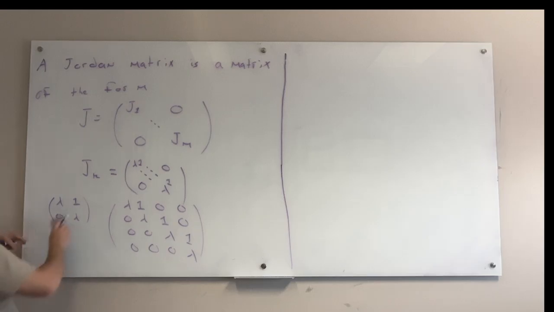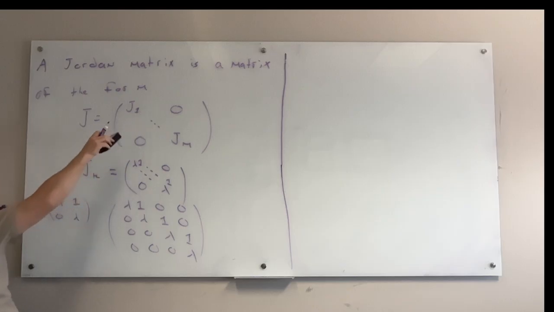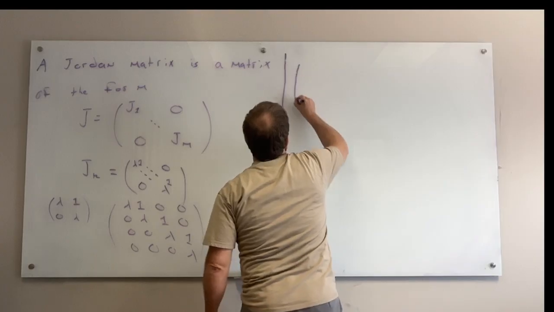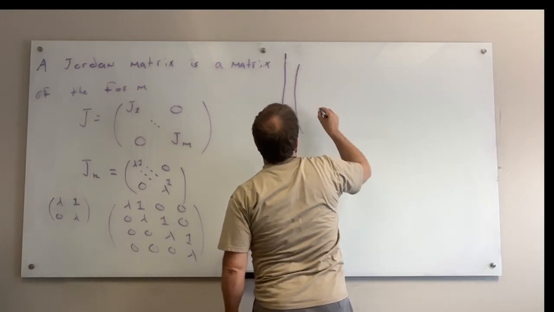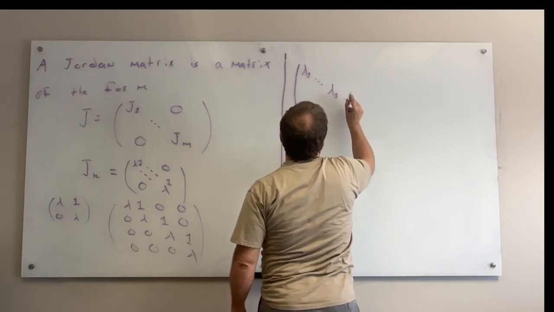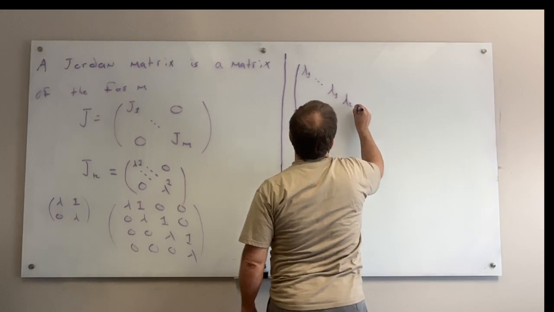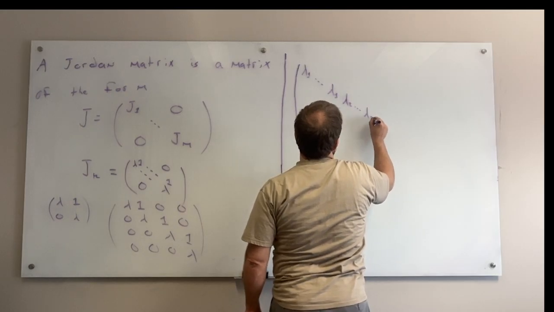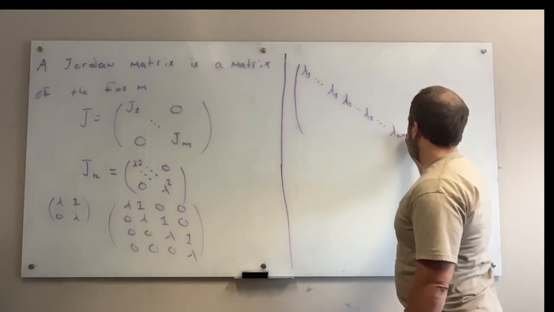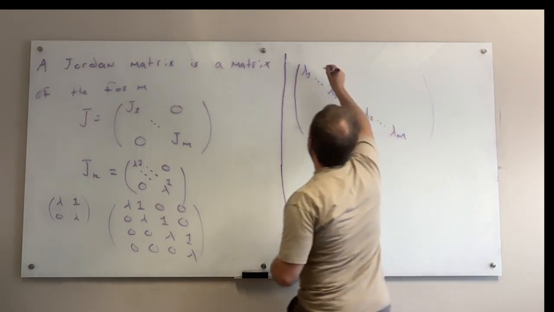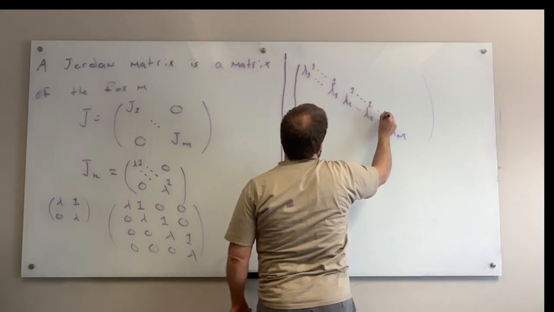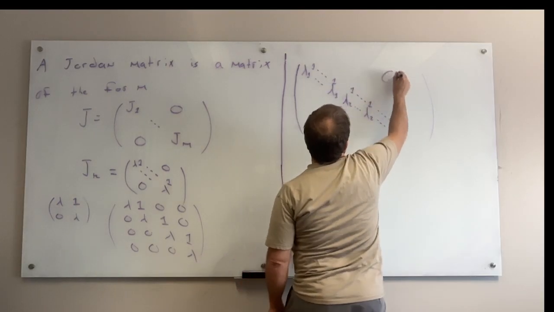So what is this sort of matrix going to look like? We're going to have lambda_1 down to lambda_1, then lambda_2 down to lambda_2, and so on down to lambda_m, with ones on the super diagonal and zeros everywhere else.